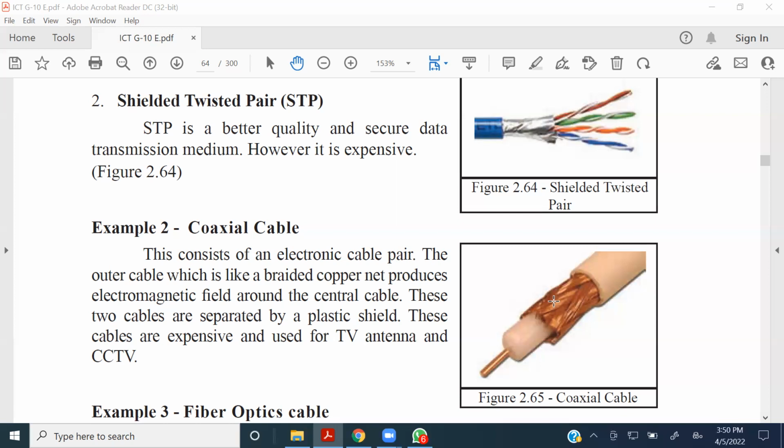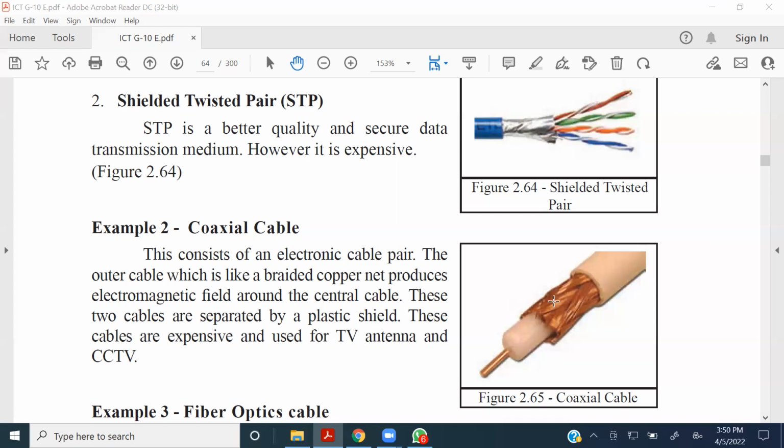So coaxial is heavily used to communicate CCTV feeds, from the CCTV camera to the CCTV controlling device or the storing device. That is the place where the coaxial cable is heavily used. And it was used, and still is used, for antennas.